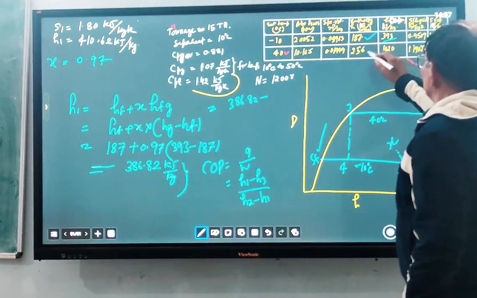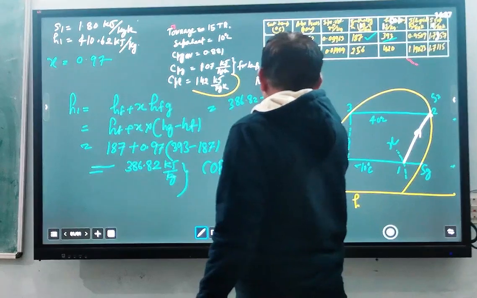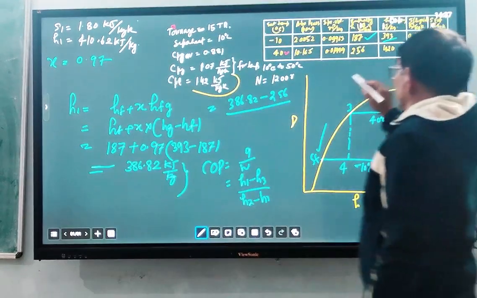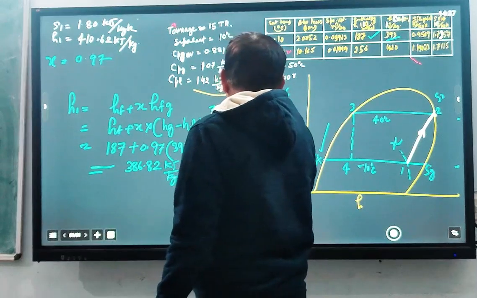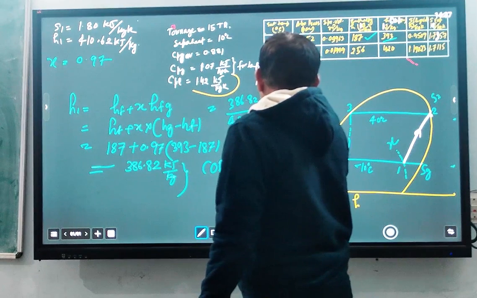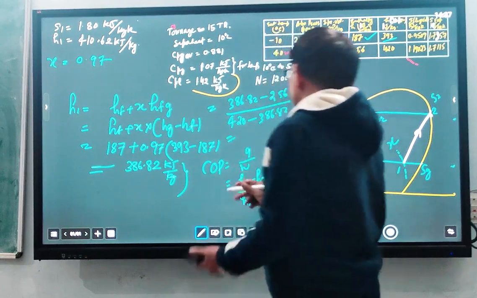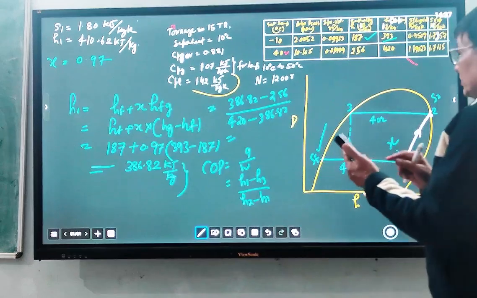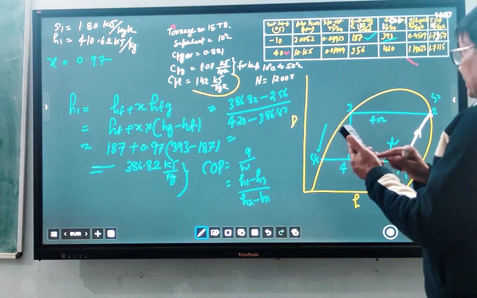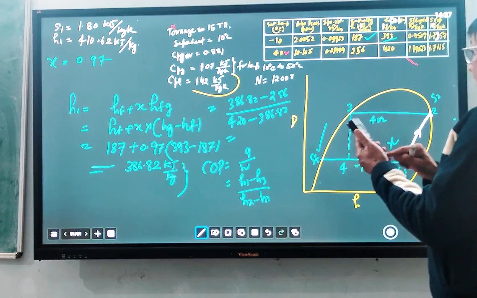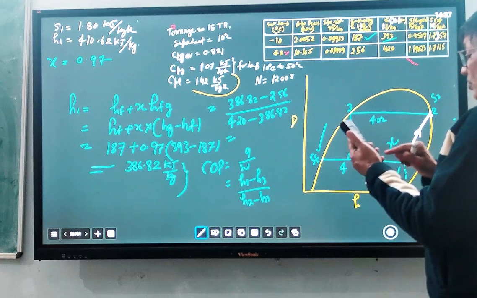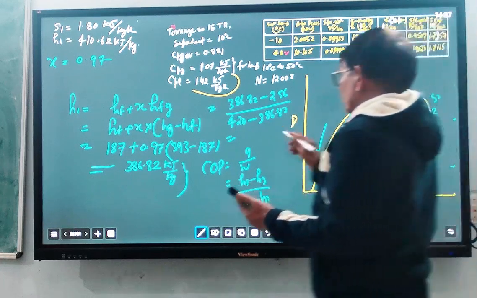H3 is given, 256, upon H2 minus H1. H2 is given, 420, minus H1, 386.82. So what is the COP? Now calculate: (386.82 minus 256) upon (420 minus 386.82), that is equal to 3.94.